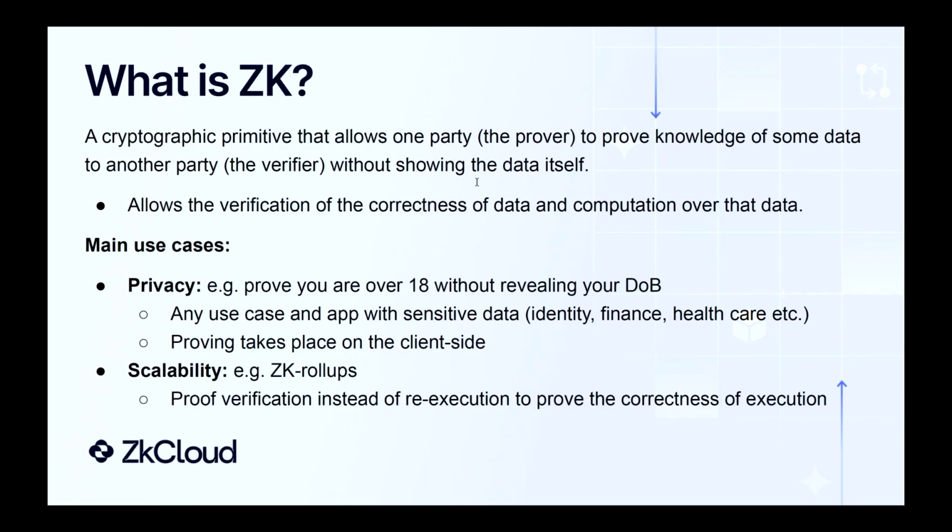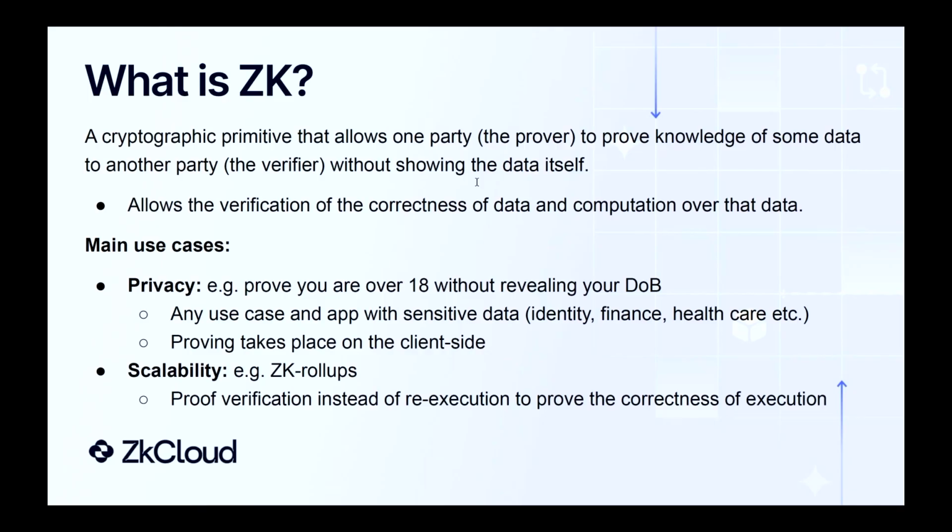In a nutshell, ZK is a cryptographic primitive that allows one party, the prover, to prove some knowledge of data to another party, the verifier, without showing the data itself. It allows the verification of the correctness of the data, but also the correctness of computation over that data.